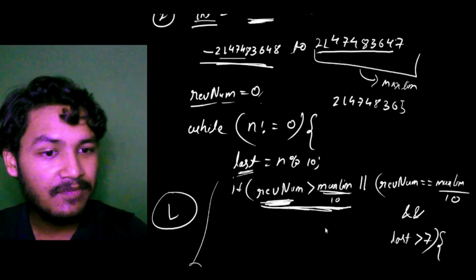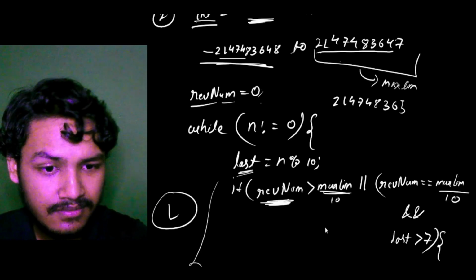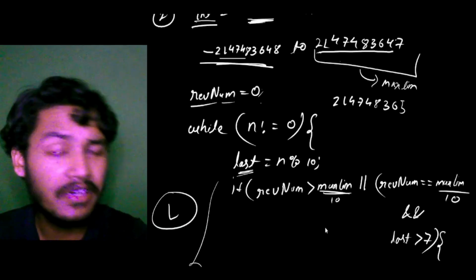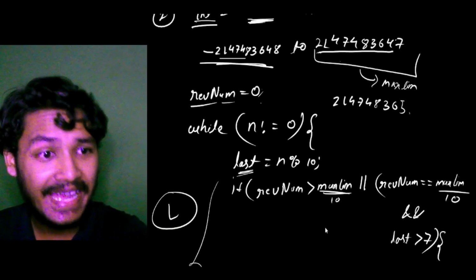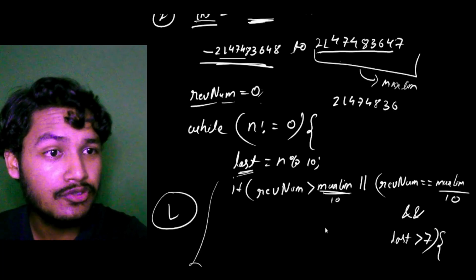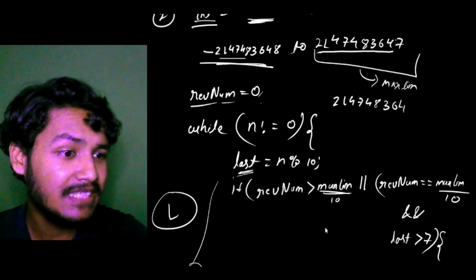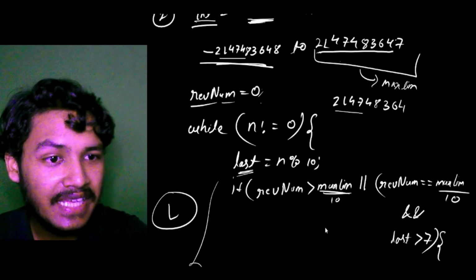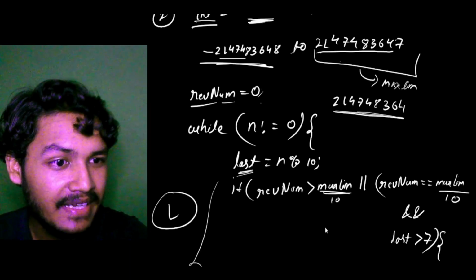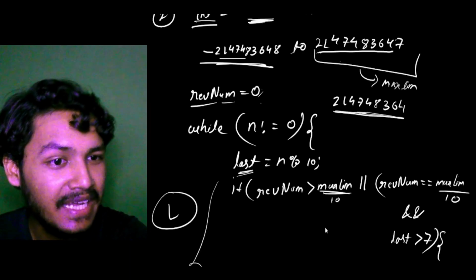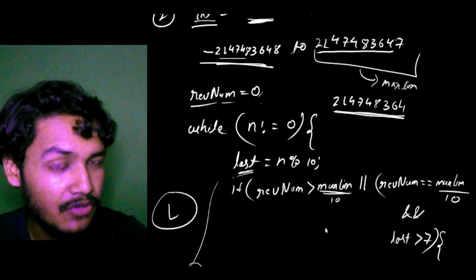Or we are checking if our reverse number is exactly equal to the maximum limit divided by 10. This is the maximum limit, this is the maximum limit divided by 10, and our reverse number is containing this value.